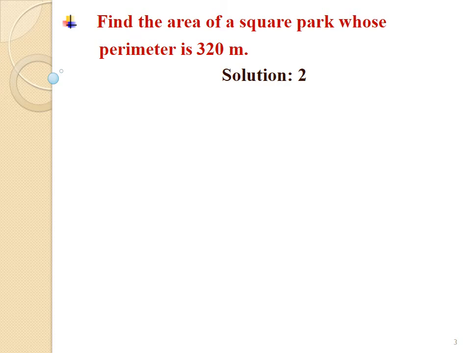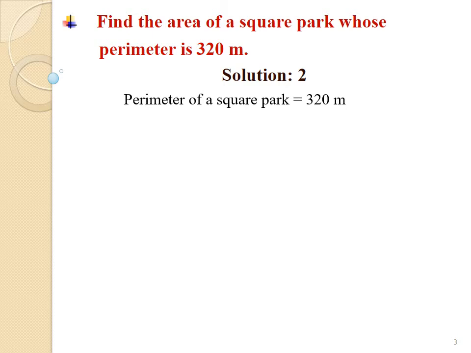We also know that area of a square park equals to side into side. So let us first find the side and then the area and solve question number 2. Perimeter of a square park is given 320 meters.